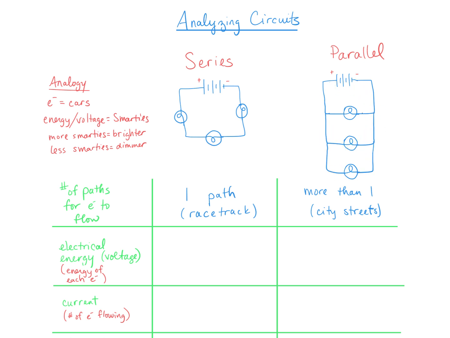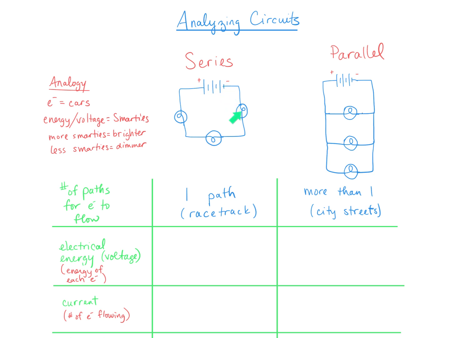So there's three paths here. In terms of the electrical energy, the voltage, we're thinking about the energy of each electron, which in our analogy is like the Smarties. Looking at the series circuit, we think of the cars leaving full of their Smarties, and we think about the path those cars are going to need to travel.